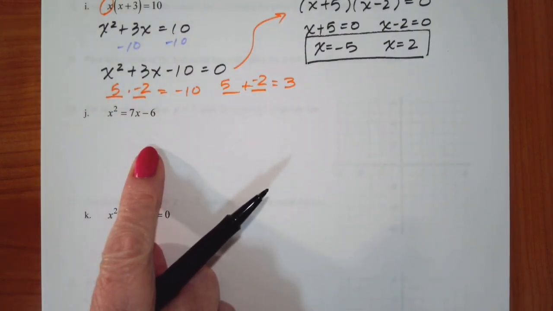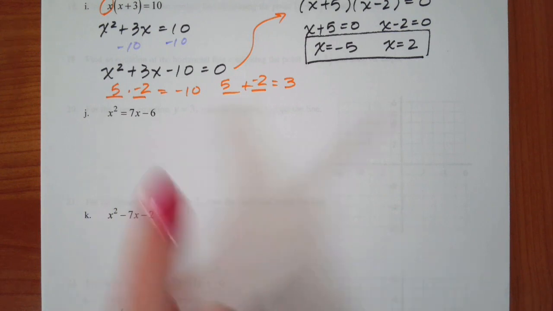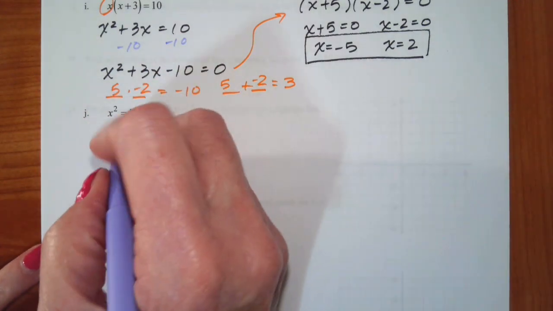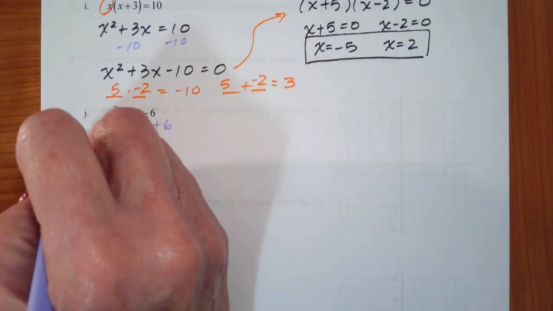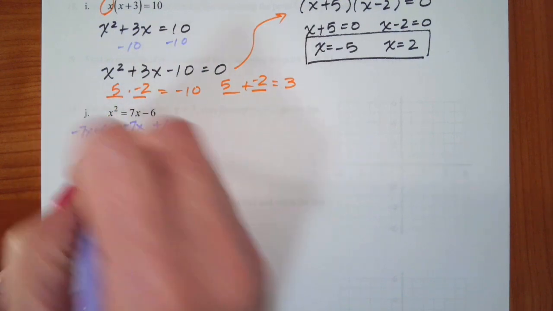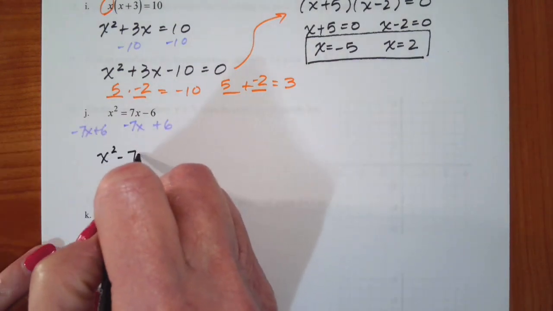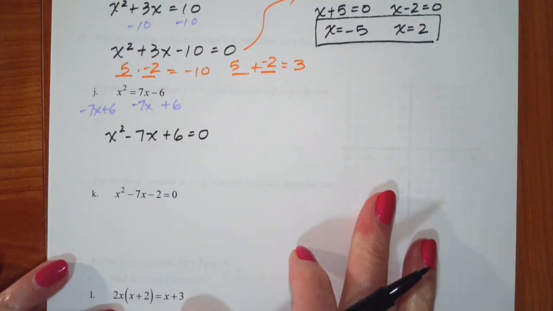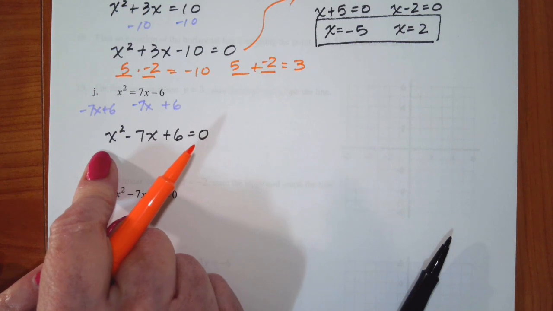Okay, got another quadratic here. Let's set it equal to 0, so I'm going to subtract 7x and add 6. So that's going to give me x squared minus 7x plus 6 is 0. So from here, leading coefficient is 1.